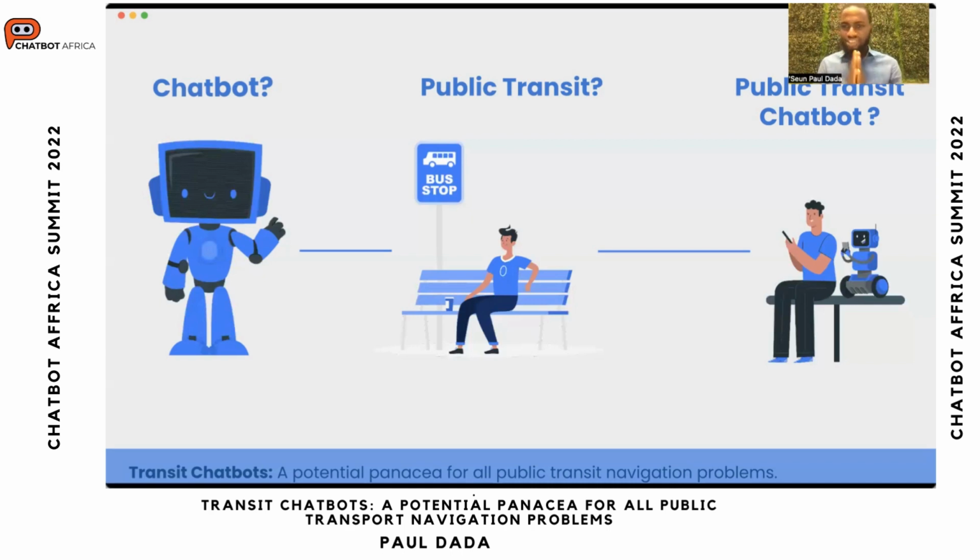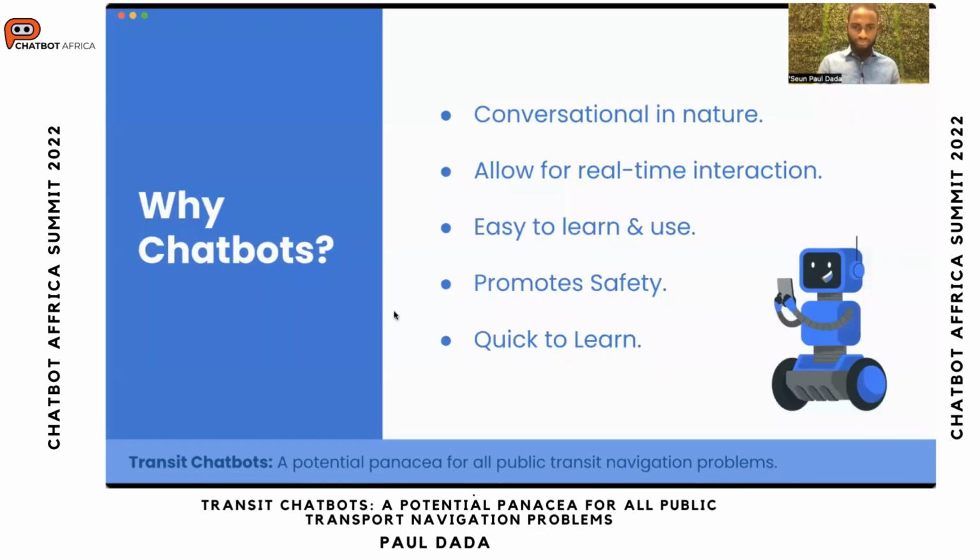Now, what is a public transit chatbot? It's basically a chatbot that is designed to assist people in navigating the public transit space and the problems that come along with it. We are going to get more clarity on this as we progress.